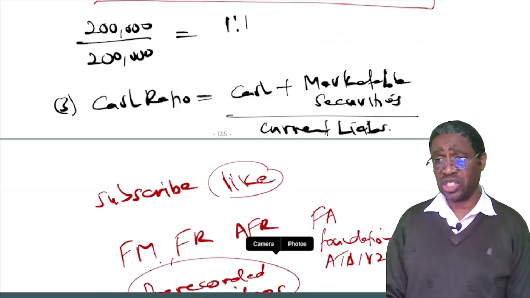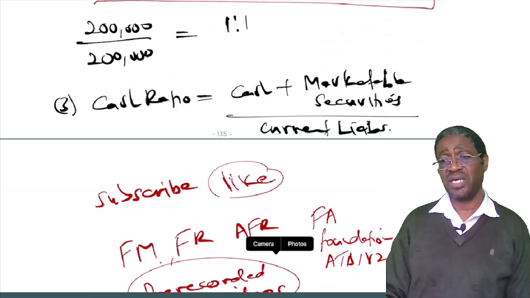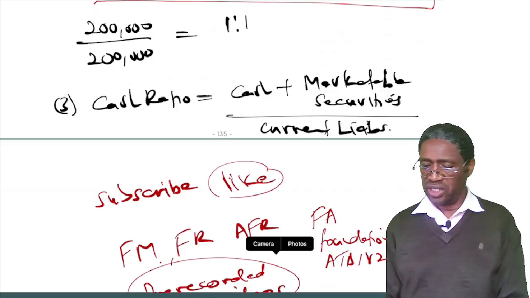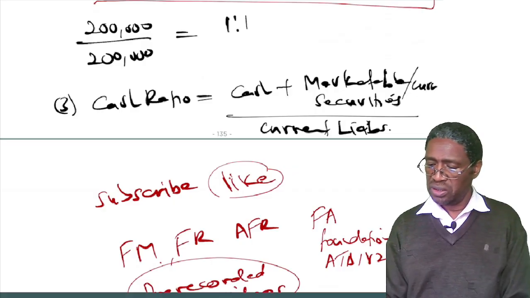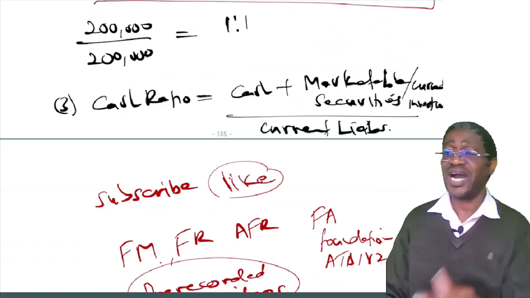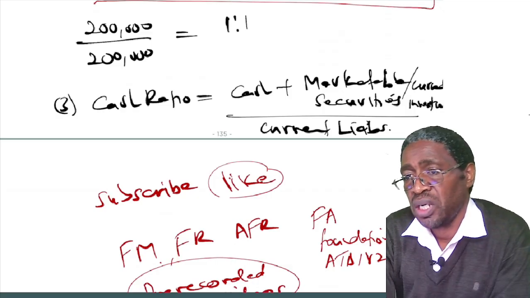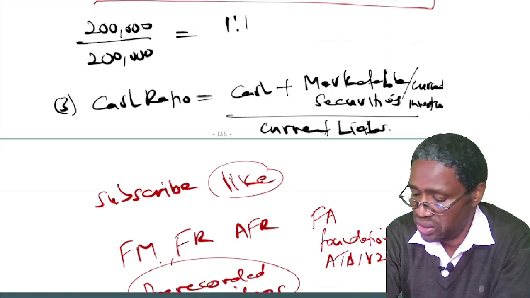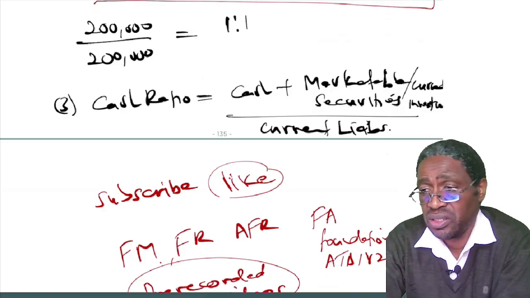Take cash, add the marketable securities, also called current investments, which are short-term investments, and divide that by current liabilities. Good.